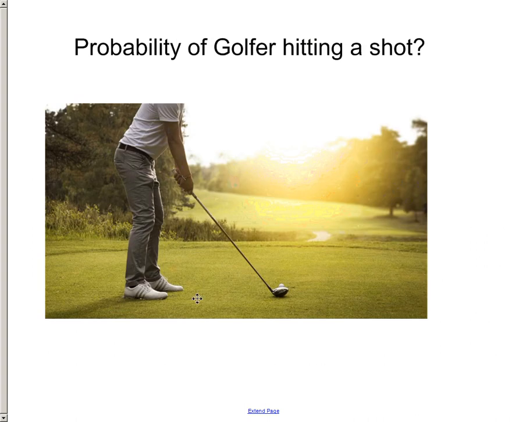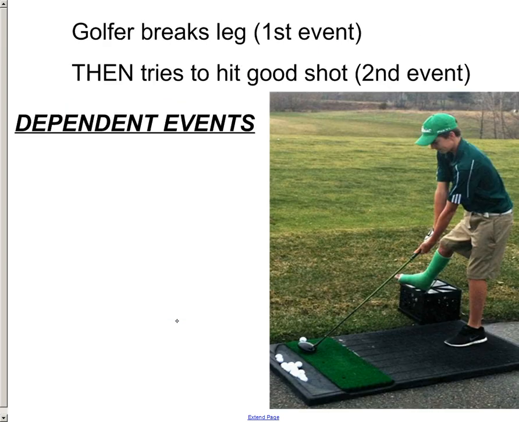Now, if you're taking a look at a golfer, there's a lot of different things that go into whether or not it's a good shot. But this looks like pretty good weather. He's probably got some skills because he's got the right equipment. He's actually got golf spikes on. So who knows what the probability is, but that's a good situation for a golfer to be in. What about this situation?